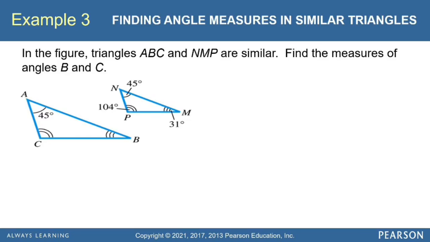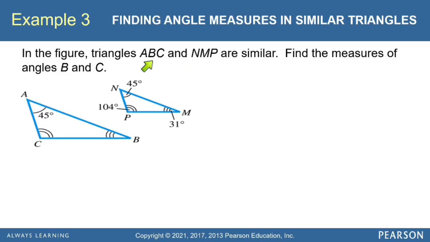So here in example 3, it says triangles ABC and NMP are similar. Find the measures of angles B and C. Now we know that if two triangles are similar, they have 3 sets of congruent angles. And the order of the letters and the way the triangles are named should help you figure out which pairs of angles are congruent.